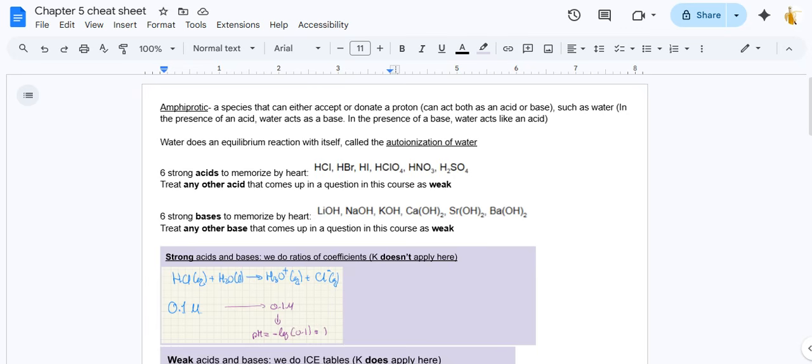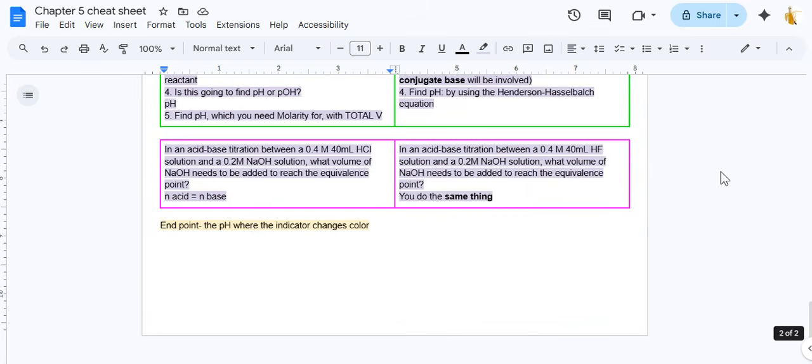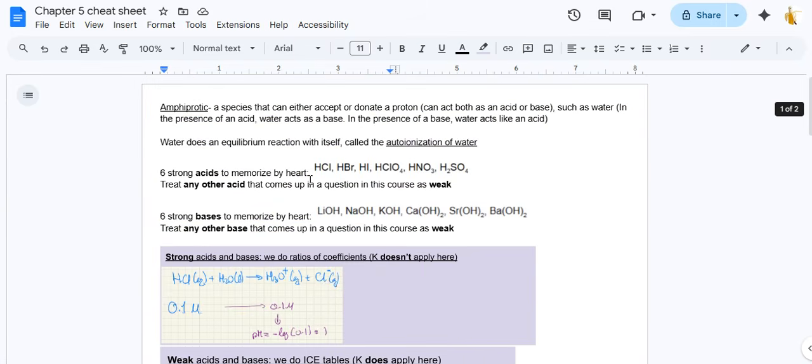And I do the practice exam only using these 2 pages of my cheat sheet.